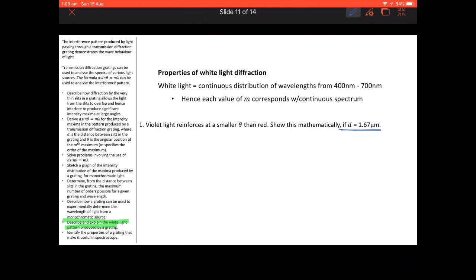So I'm just going to write this out here. V for violet, and I'm just going to rearrange from the get-go. Theta is going to be equal to inverse sine of m lambda on d.